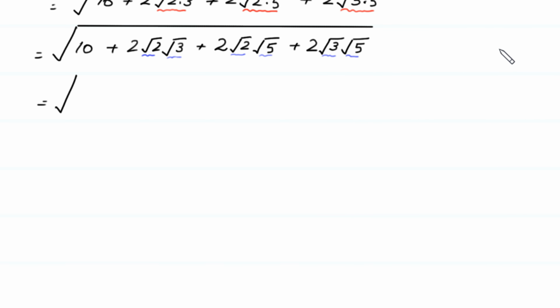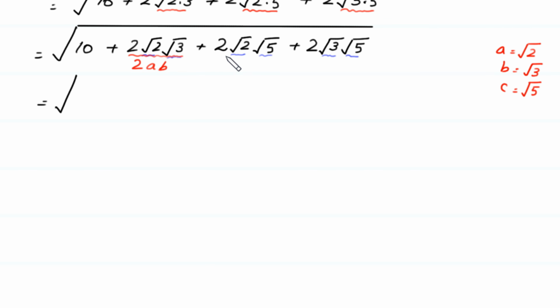Now if we suppose that a is equal to square root of 2 and b is equal to square root of 3 and c is equal to square root of 5, then this expression 2 times square root of 2 times square root of 3 is same as 2 times a times b.